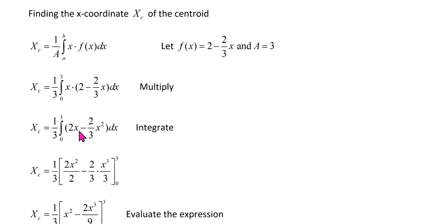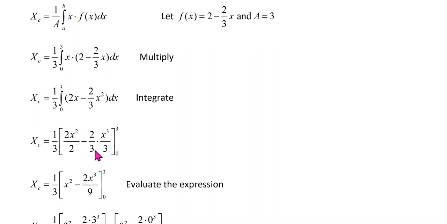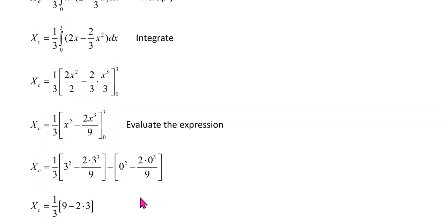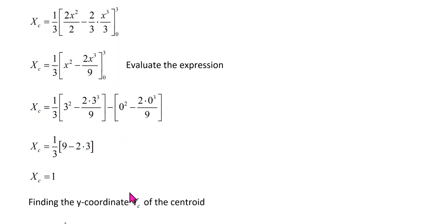Then we find the antiderivative of 2x, and the antiderivative of 2/3 x squared. We evaluate this expression at 3 first, and at 0 second. So 9 minus 6 is 3, 3 divided by 3 is 1. So the x coordinate of the centroid is 1.